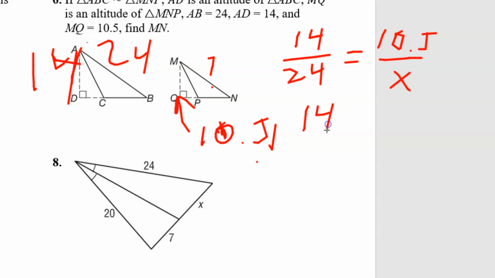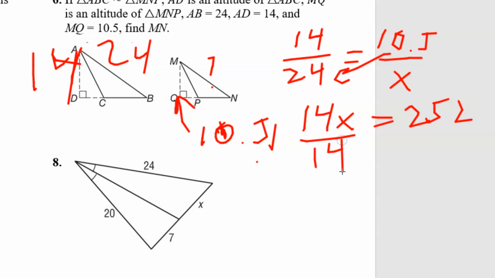So I cross multiply and I have 14X equals 10.5 times 24, which is 252. And then we divide by 14. So I get X equals 18. Actually comes out even for me.